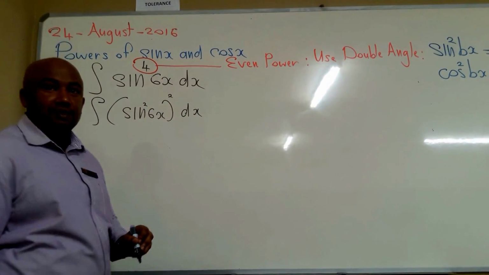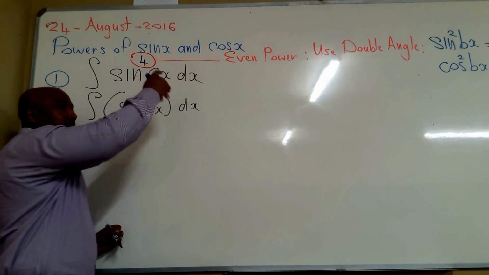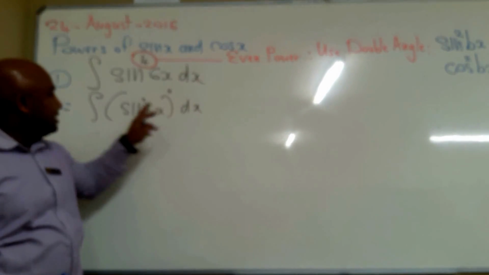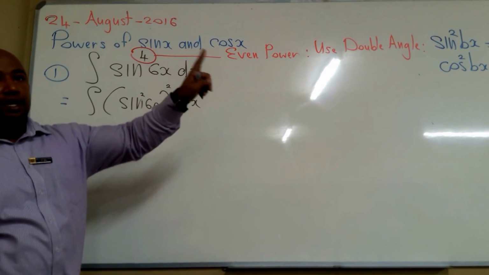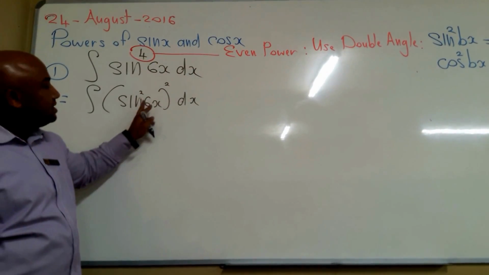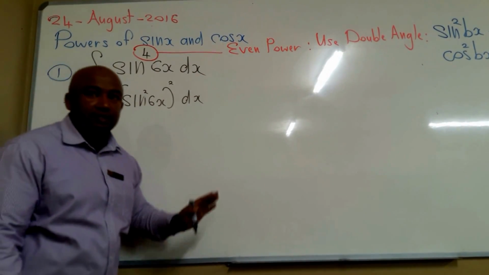Now follow? From our exponent laws, 2 times 2 will give you 4. Now, you look at that formula, sine squared bx. B is the coefficient of x. 6 is the coefficient of x here. So b is 6.